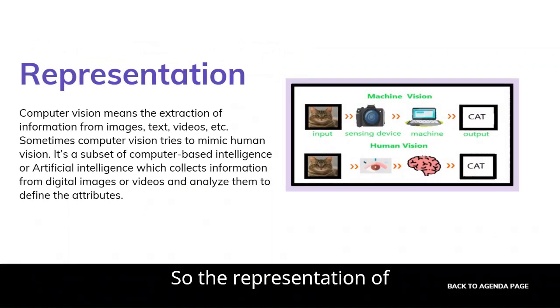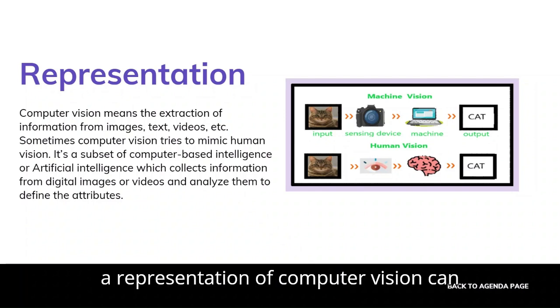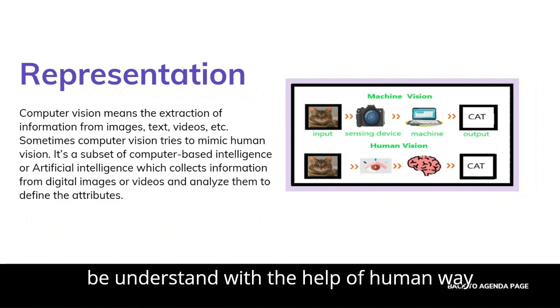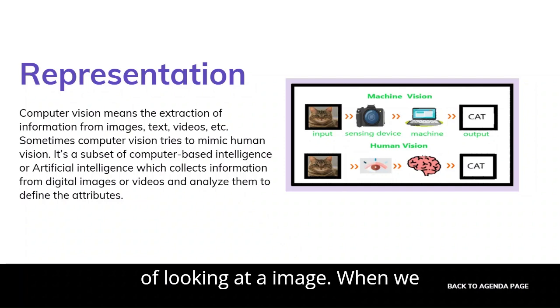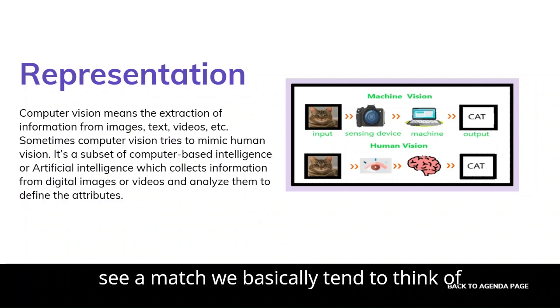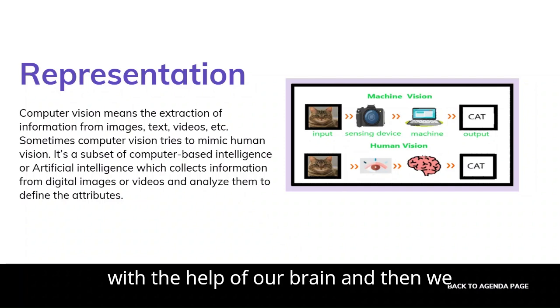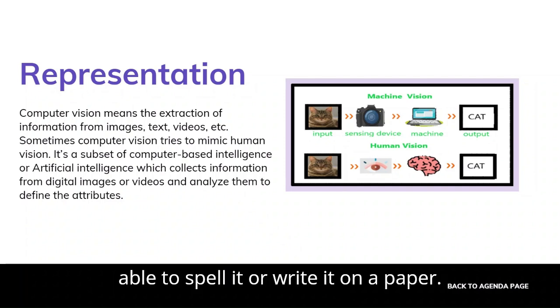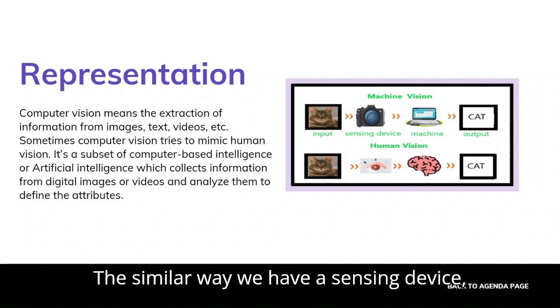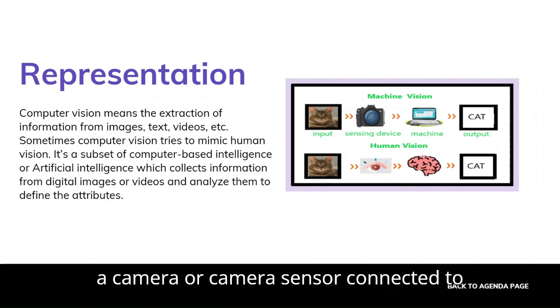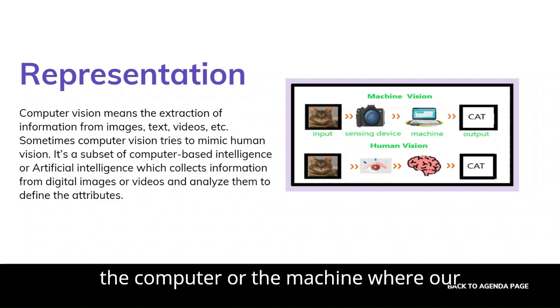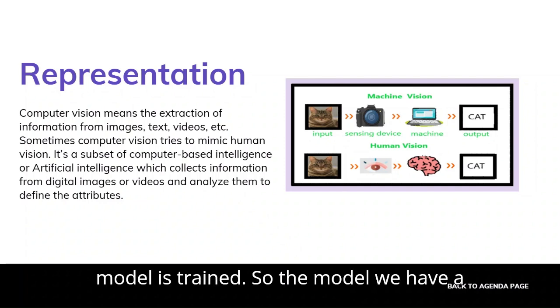The representation of computer vision can be understood with the help of the human way of looking at an image. When we see an image, we basically tend to think of it as a cat or a dog with the help of our brain, and then we are able to spell it or write it on paper. In a similar way, we have a sensing device, a camera sensor connected to the computer or the machine, where our model is trained.